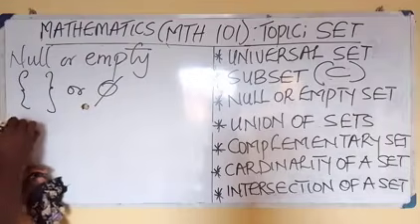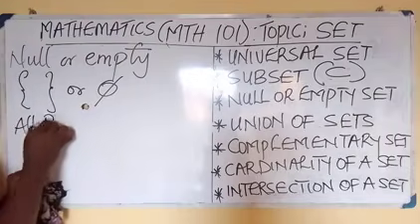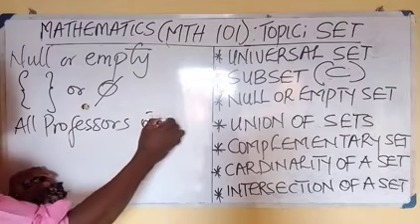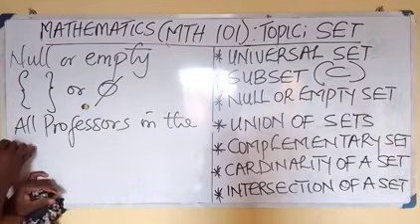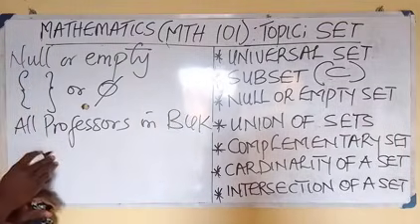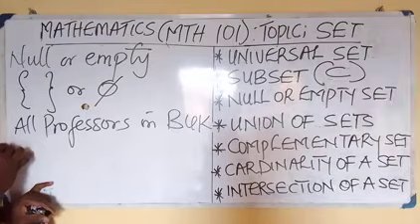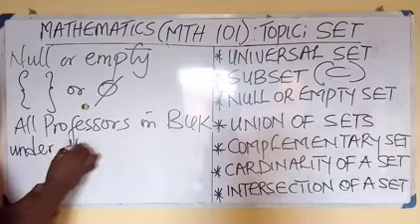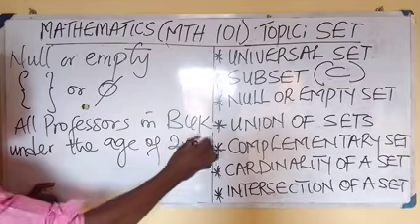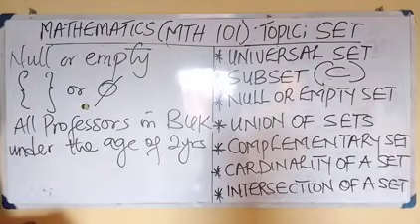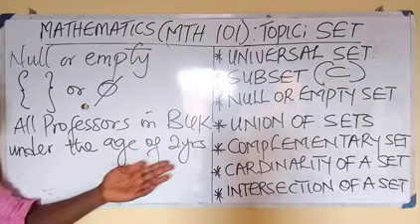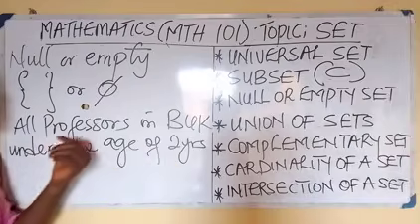What if, for example, I have all professors in BUK under the age of 2 years? All professors in BUK under the age of what? 2 years. Such a thing, guys, this statement is erroneous.